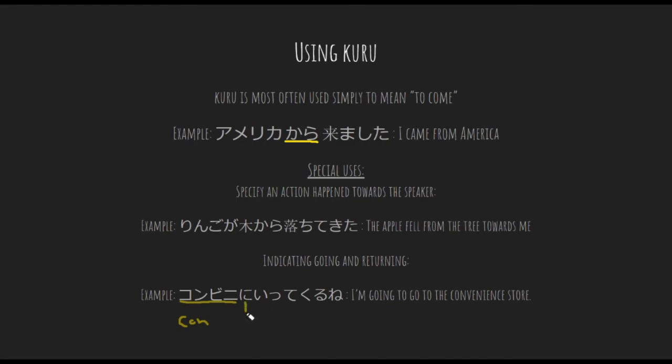Ni here is a destination marking particle. When you're traveling somewhere, you use ni as a particle. Itte is the te form of the verb iku. Iku means to go, and we'll learn the te form in later lessons. Kuru, of course, means to come.